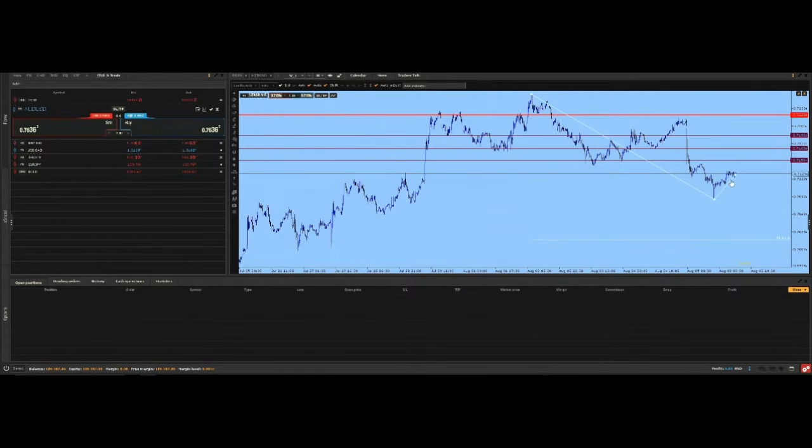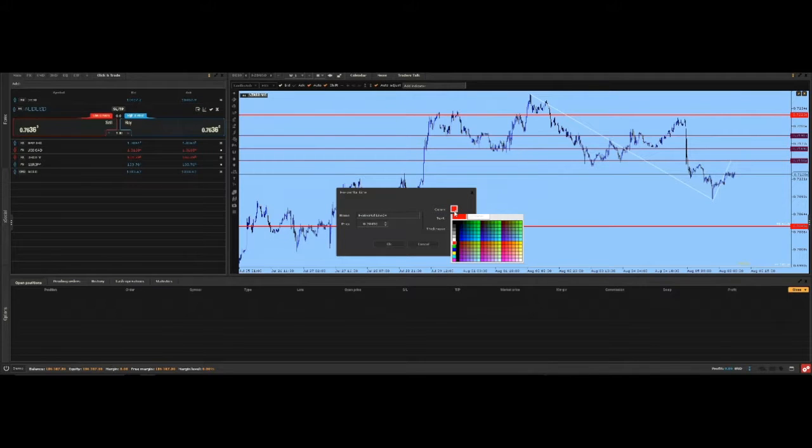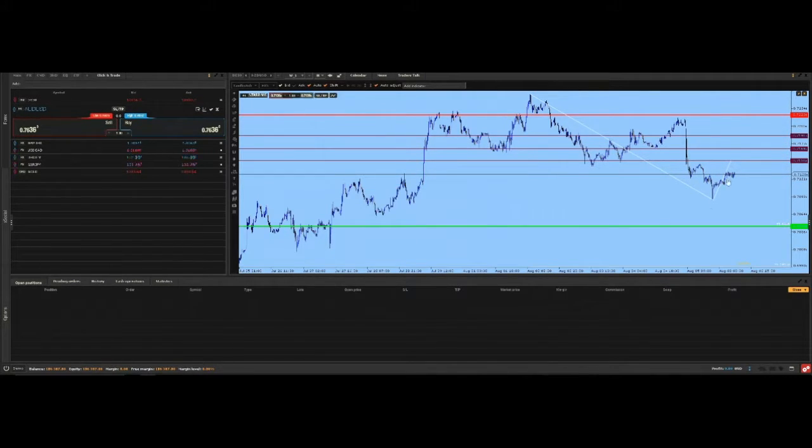So what we'll do here is set up a take profit for each of these positions. If this price retraces to this zone, I'm going to set my take profit right here, and I'll make this green to signify a take profit. Alright, so that's zone number 1.